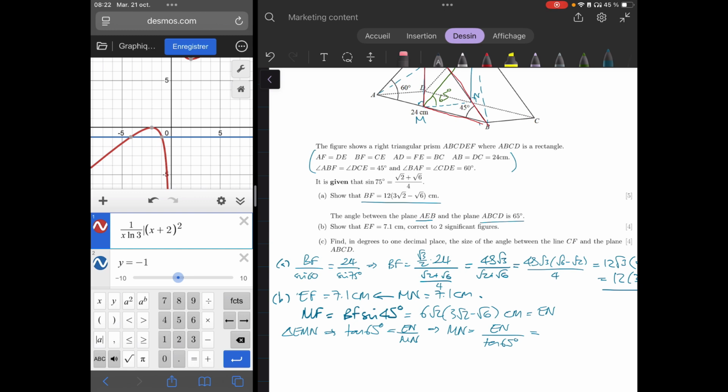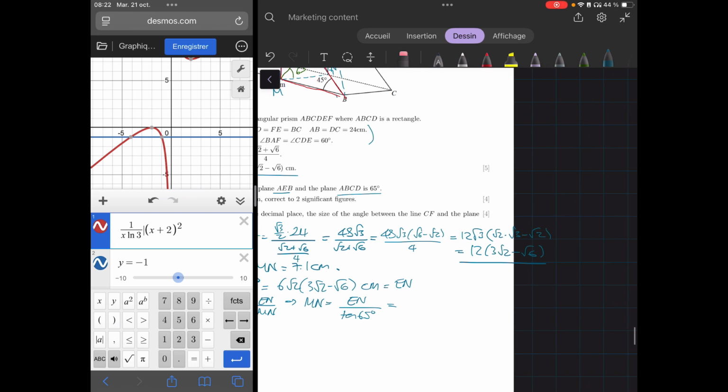And you should get the printed answer. Please make sure that your calculator is in degrees mode for this question. And you shall get 7.0600950 or 7.1 centimeters.